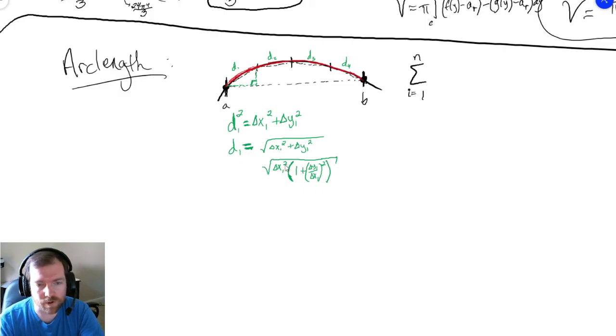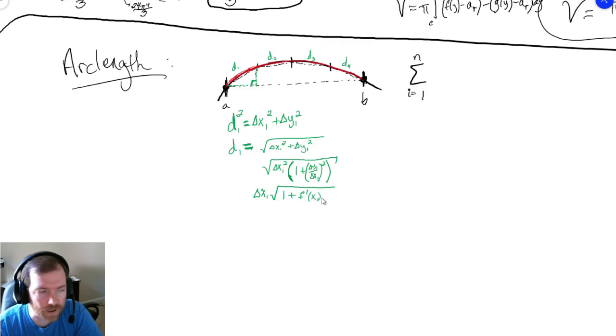The square root of delta x1 squared is going to be delta x1 outside, multiplied by the square root of 1 plus delta y1 over delta x1 squared, which is going to be f prime of x1, or very nearly.